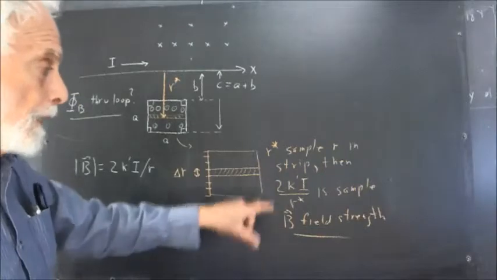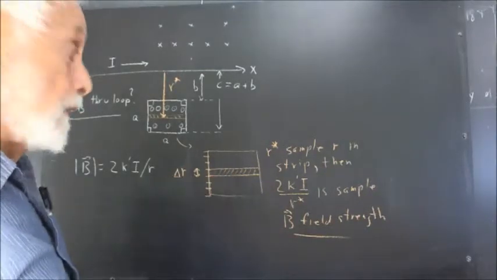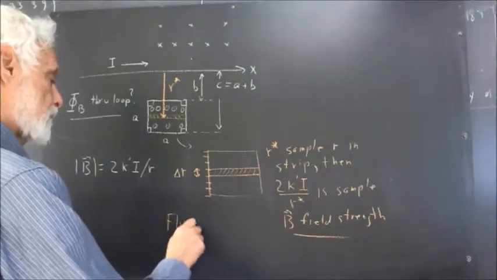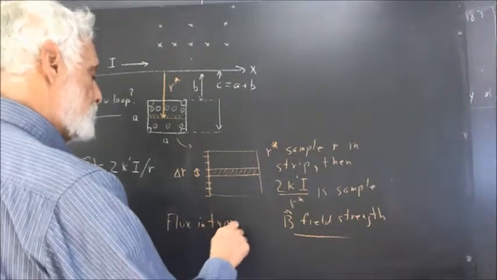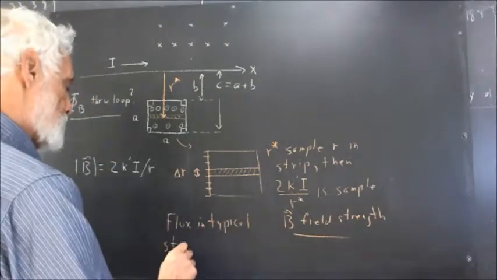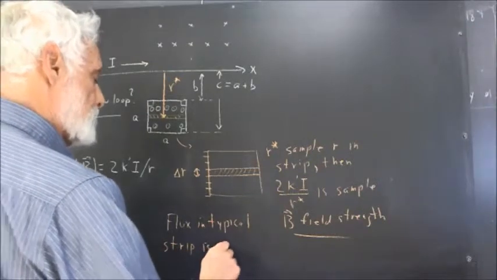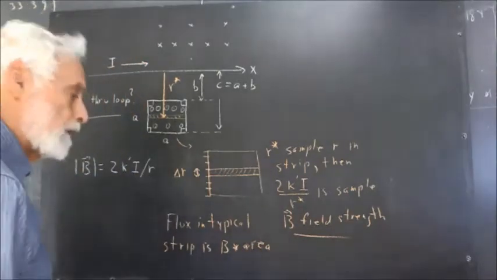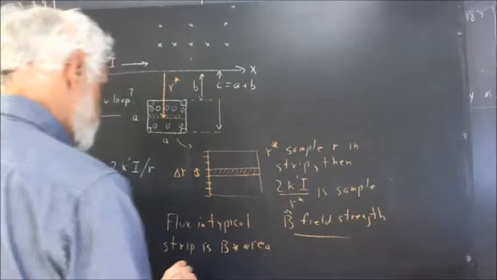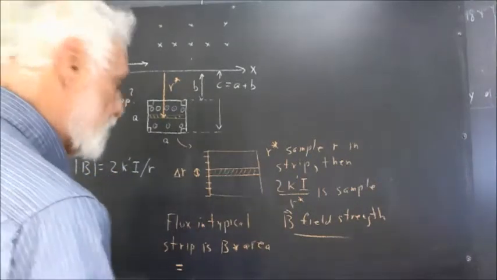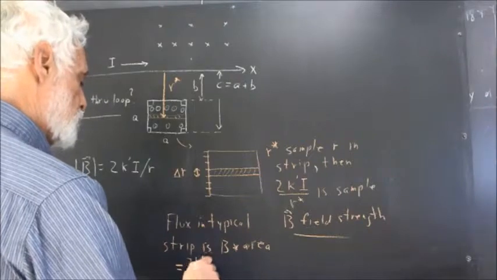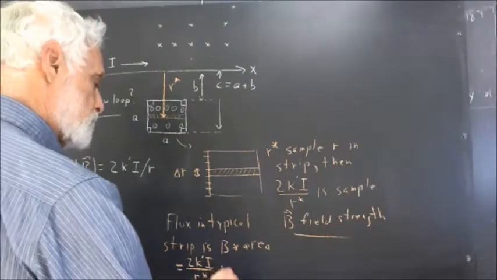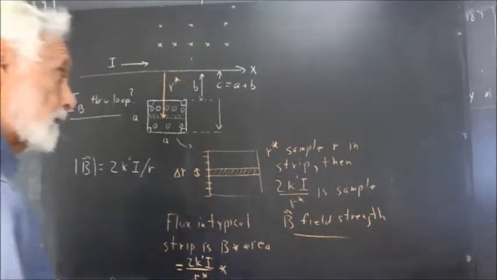and we apply that sample magnetic field strength throughout the strip so that the flux in the typical strip is magnetic field times area, which equals, in this case, 2K prime I divided by R star multiplied by the area of the strip.